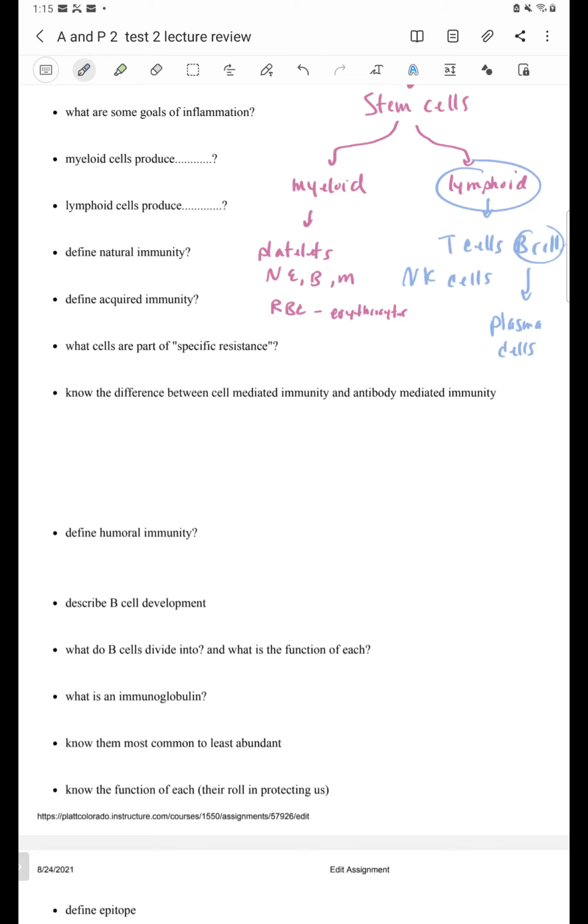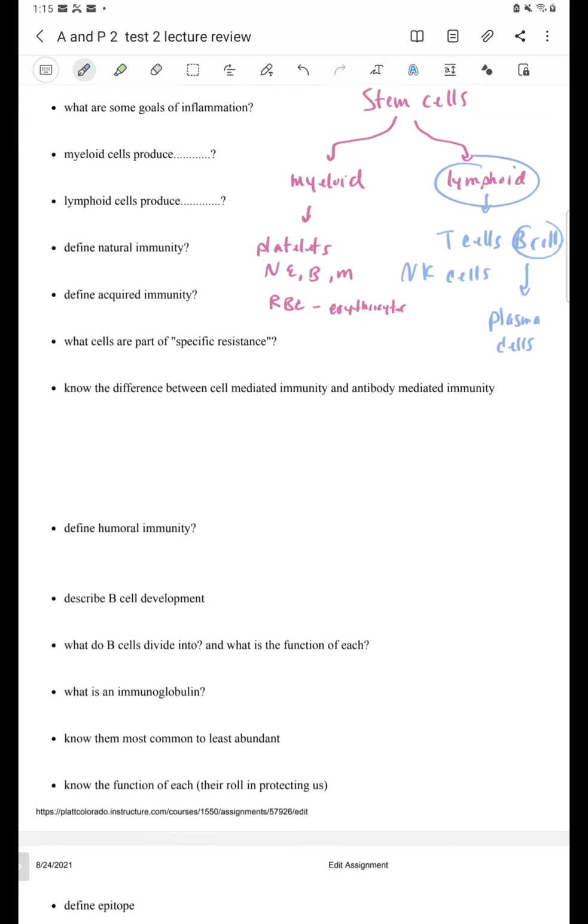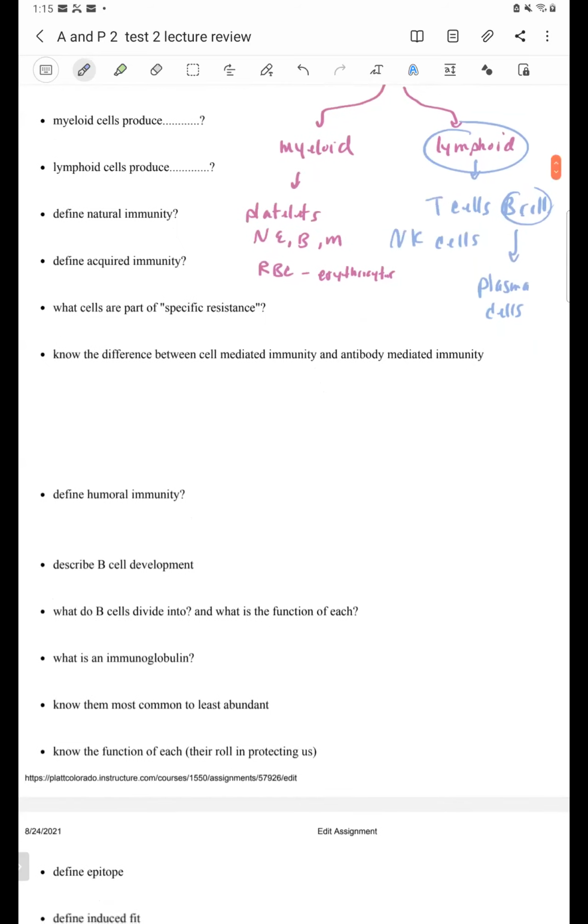Okay, be able to define natural immunity and acquired immunity. That's just something to look up. What cells are part of specific resistance in immunity? Specific resistance is part of adaptive immunity.